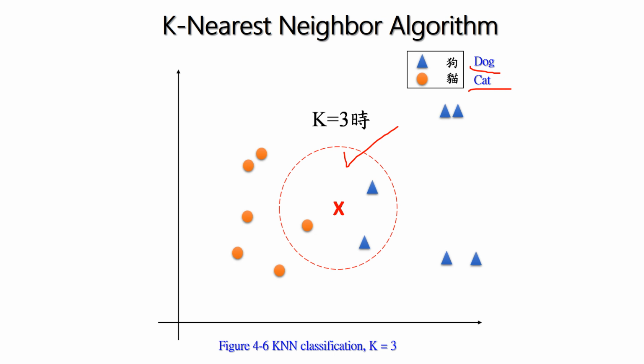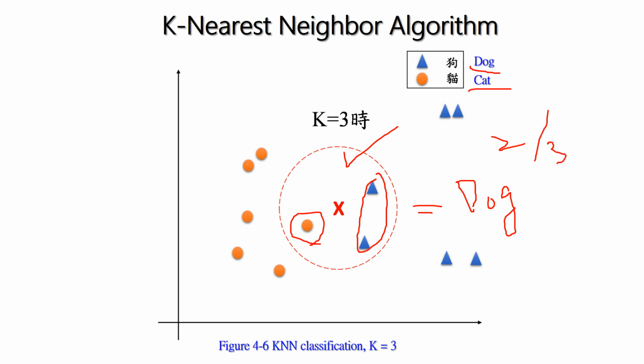The answer is the dog, because the dog is 66.67% and the cat is just 1. They pick out the 3 here, so you conclude it is the dog, with a probability of about 67%. Why? Because 2 out of 3 is about 67%.